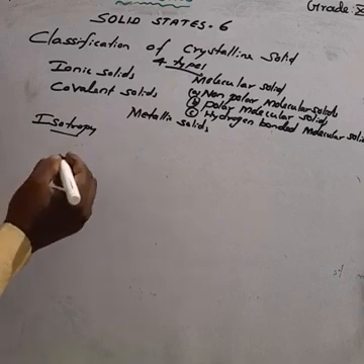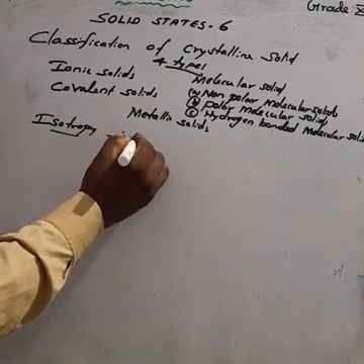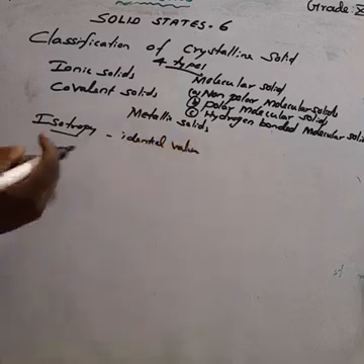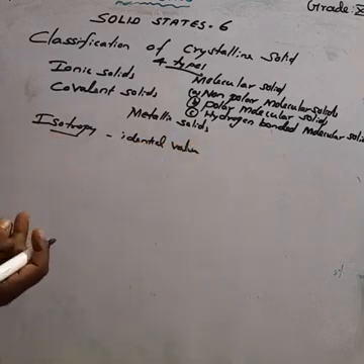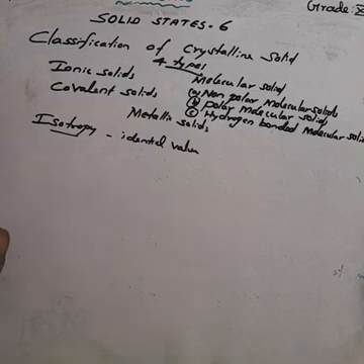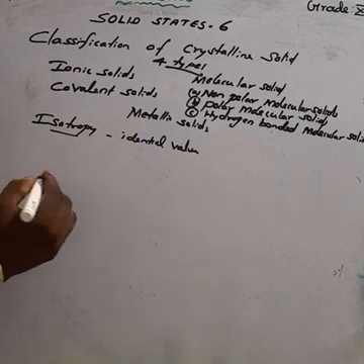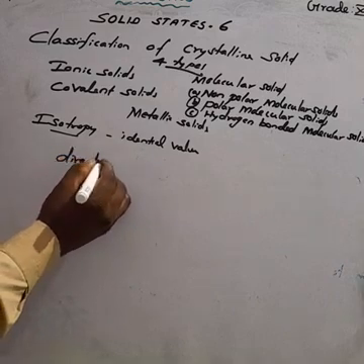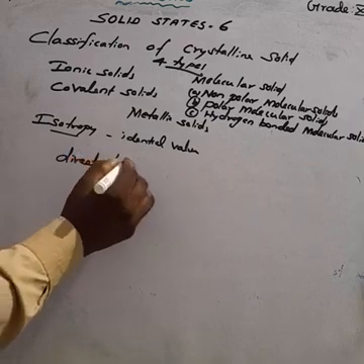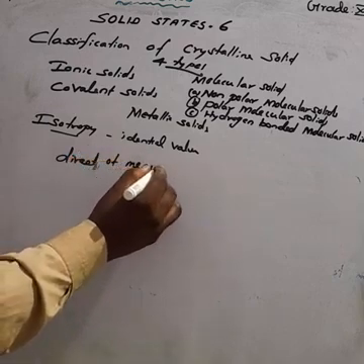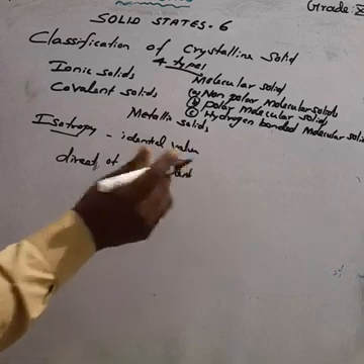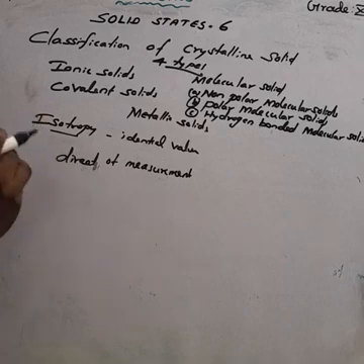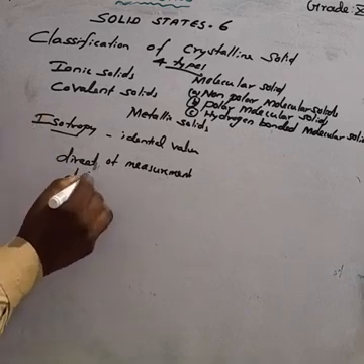Isotropic means they have identical values of physical properties such as refractive index, thermal conductivity, electrical conductance, etc. in all directions. Anisotropy is the property which depends on the direction of measurement. Crystalline solids are anisotropic because they show different values of physical properties, which can also be measured along different directions.